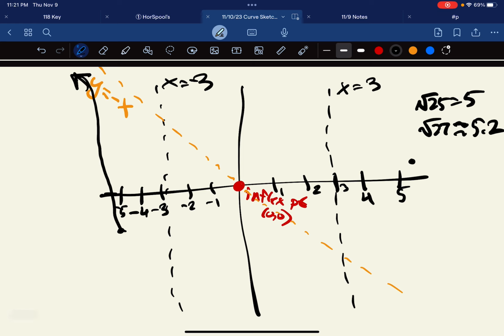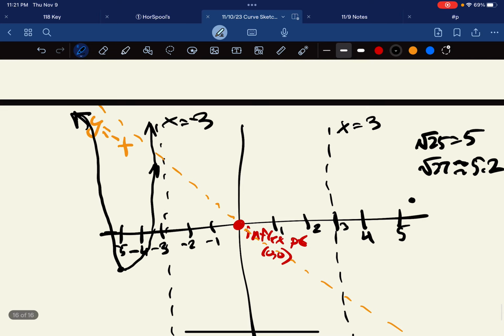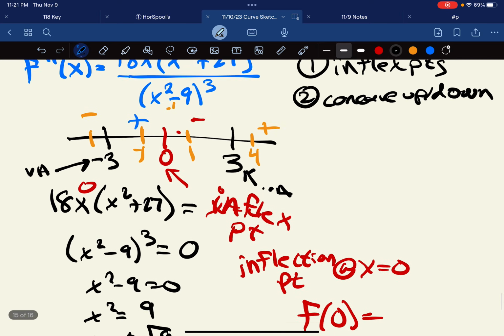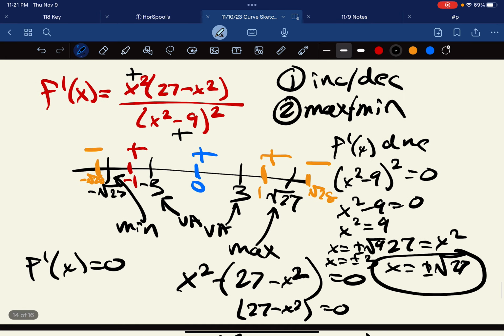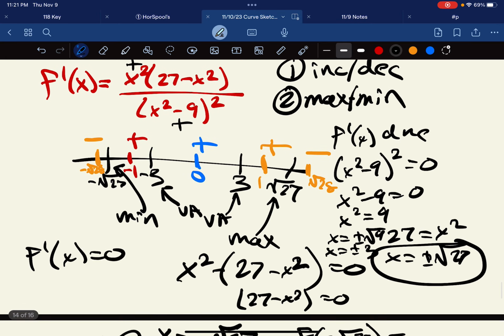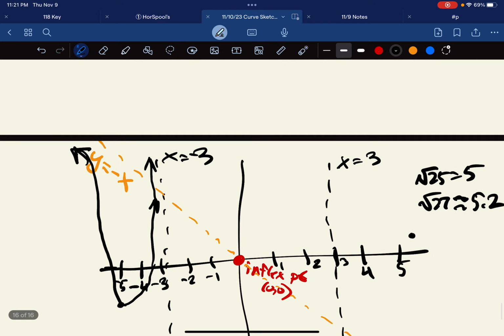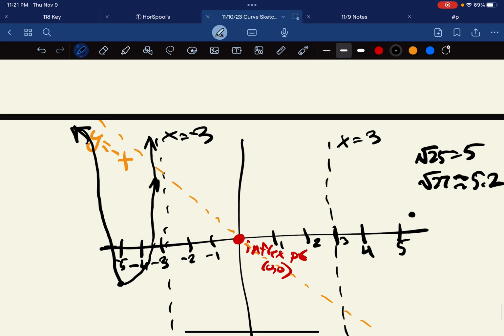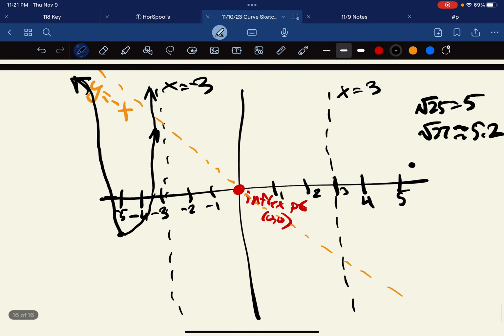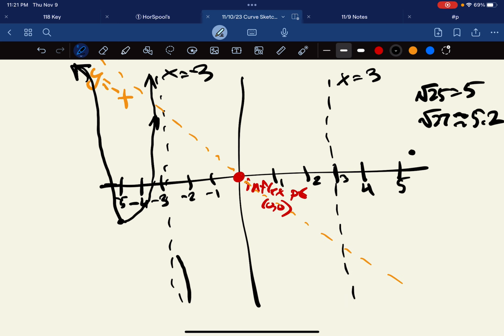And then we switch to increasing from negative square root 27 to negative 3. We're going to be increasing. So that's going to come from up here then.